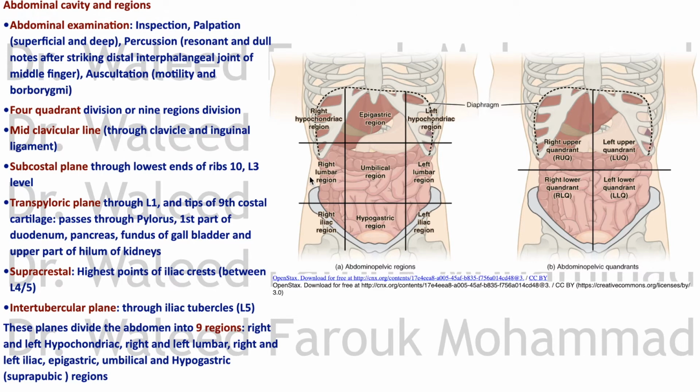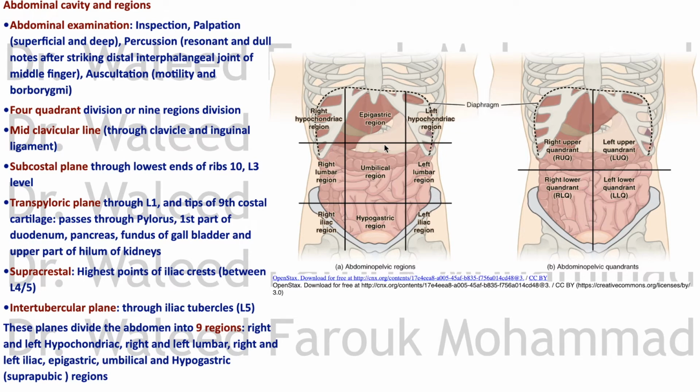But those of clinical significance are the other two lines that we will go by. The first one is the transpyloric, as you can see here. The transpyloric plane passes through the L1 level and the tip of the 9th costal cartilage. See, it cuts the costal margin at the tip of the 9th costal cartilage, where it marks the fundus of the gallbladder.